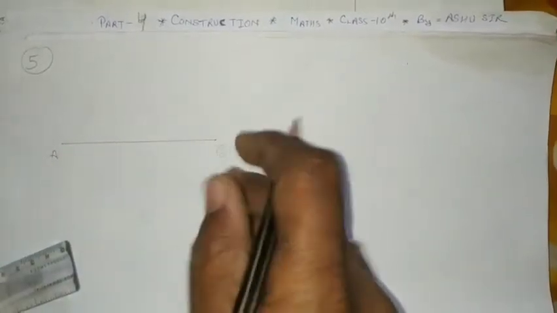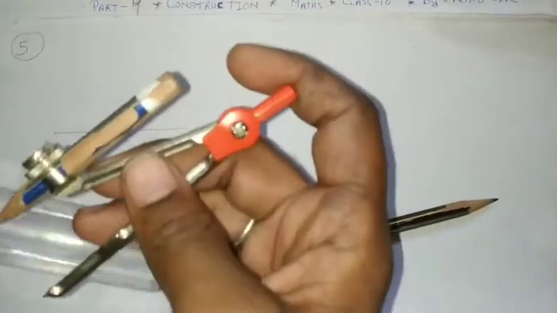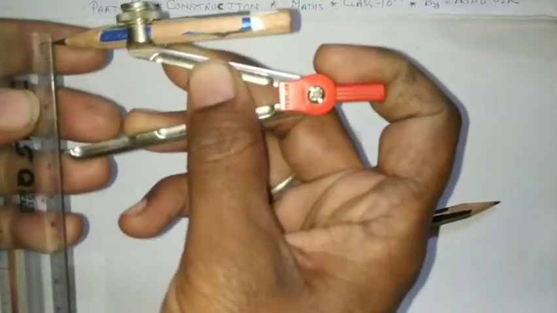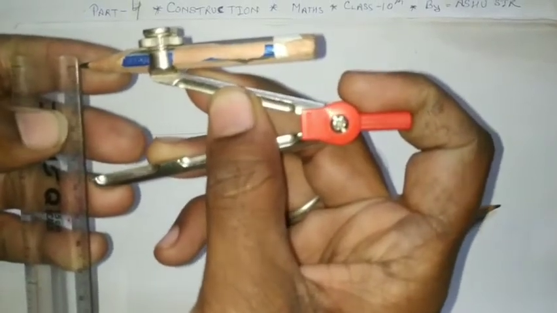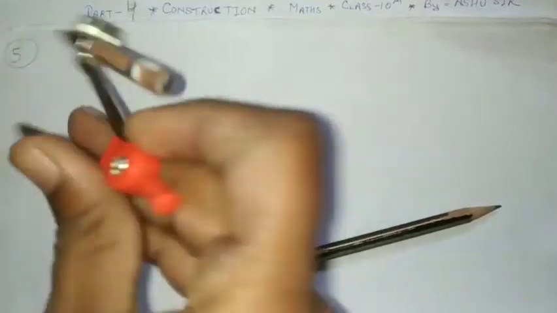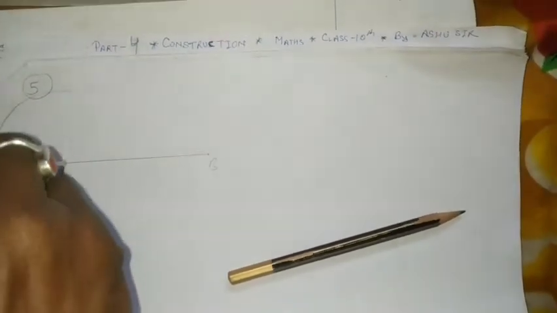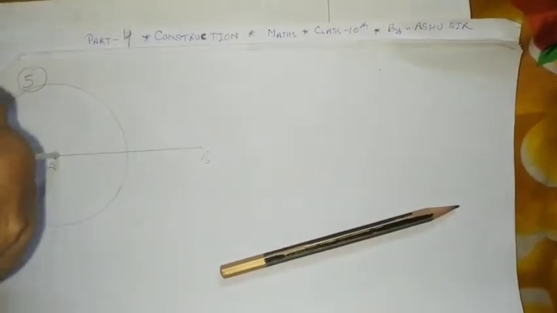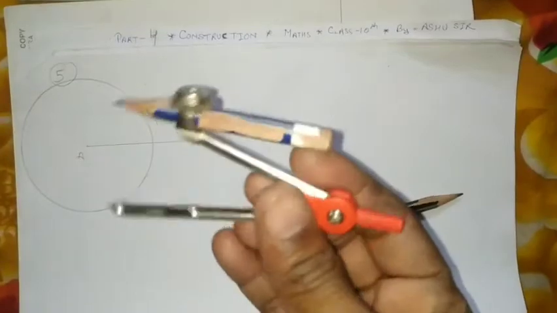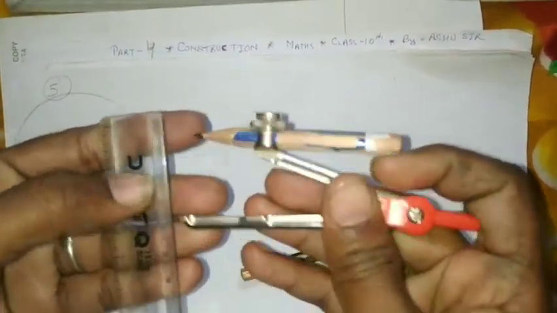Then draw a circle of radius 4 cm taking A as center. Taking B as center, draw a circle of radius 3 cm.